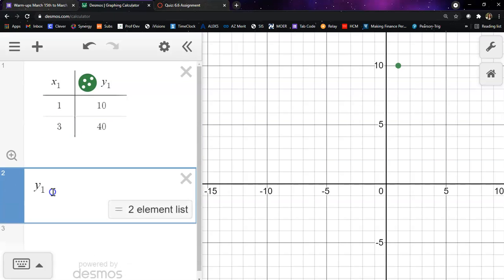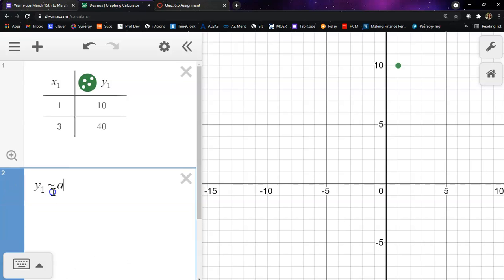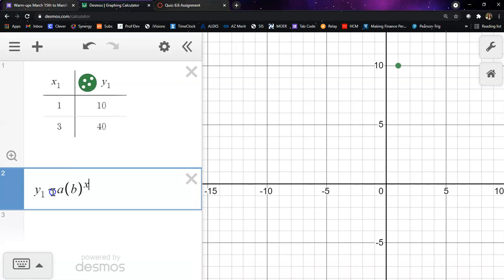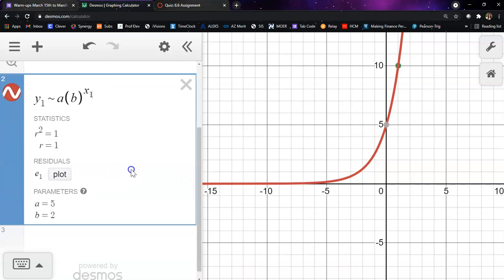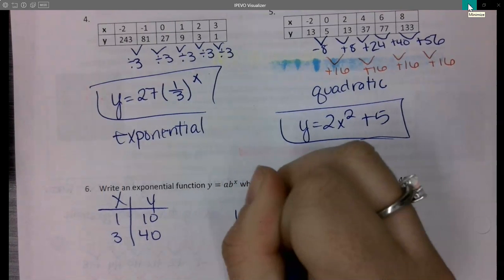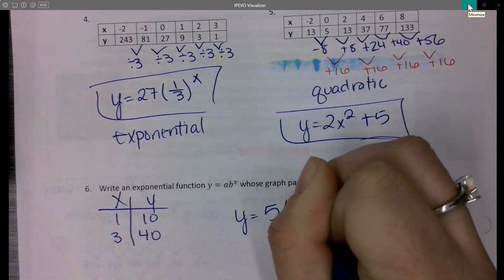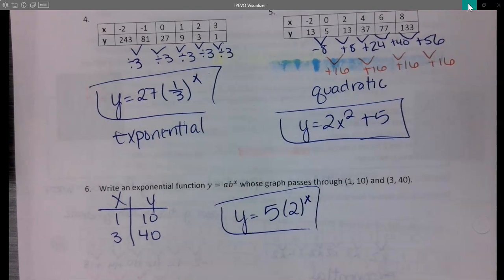Then I know this is exponential because the problem tells me. So this is going to give me 5 and 2. Questions here?